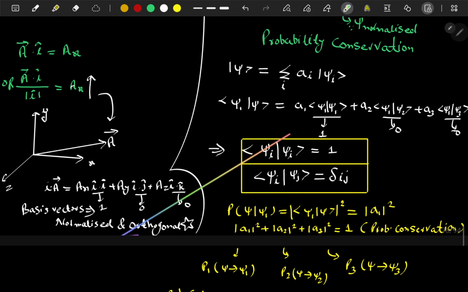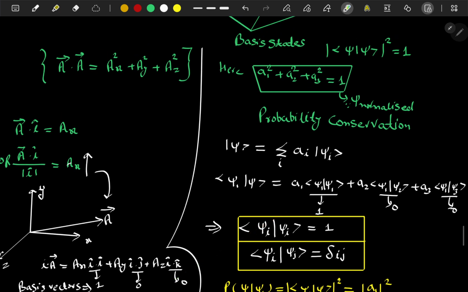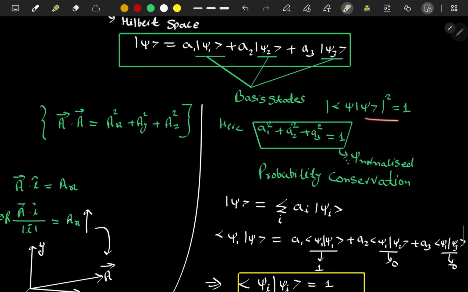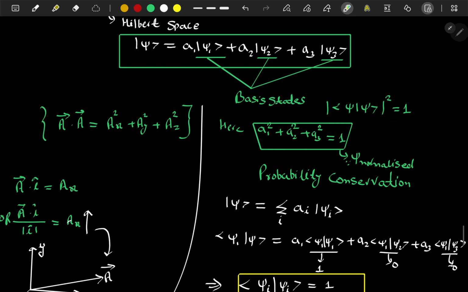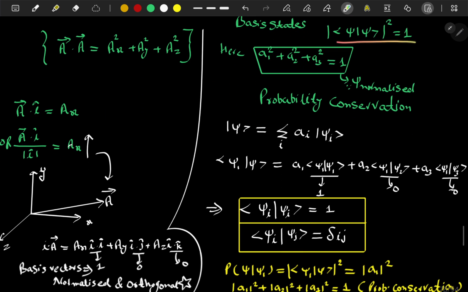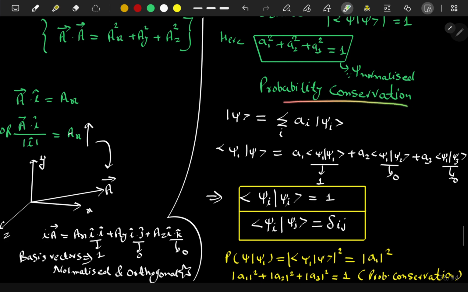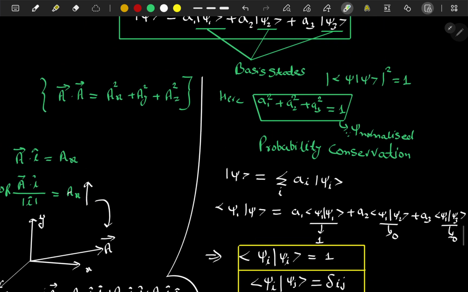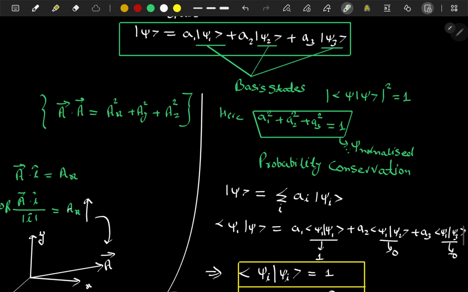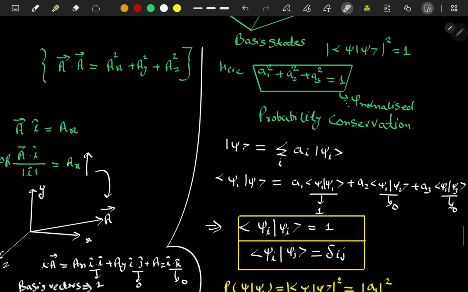Similarly here, the states are normalized and orthogonal. So when we do normalization here, a1 square plus a2 square plus a3 square equals 1, because psi square is 1. So we say probability is conserved. When probability is conserved, the sum of the squares of the coefficients of the basis states will give us 1.